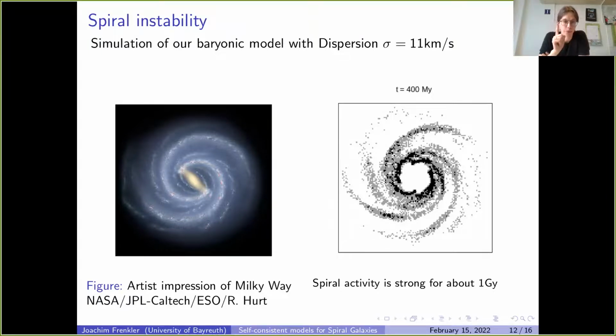And both pictures share the same scale. And when you compare them, well, they look astonishingly similar. Obviously not in the center, because this I've not modeled. But well, the ISM cannot be found in the center.